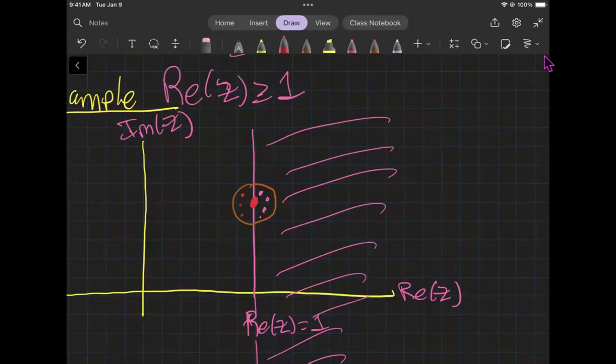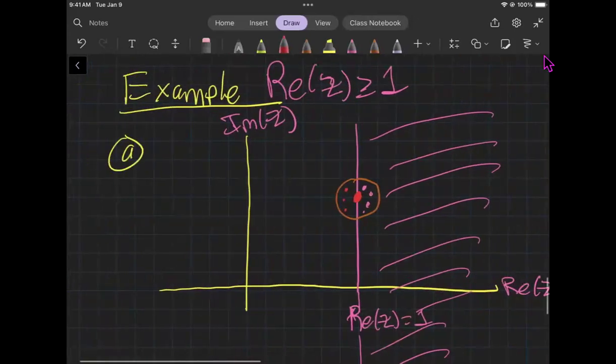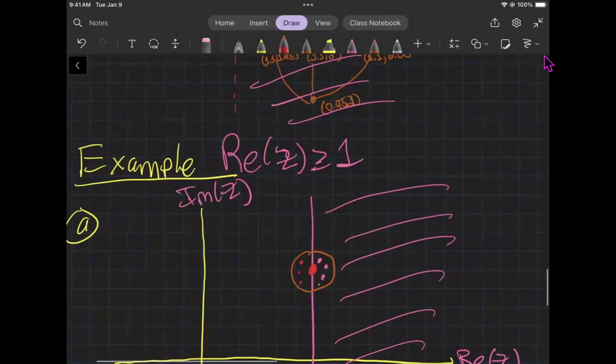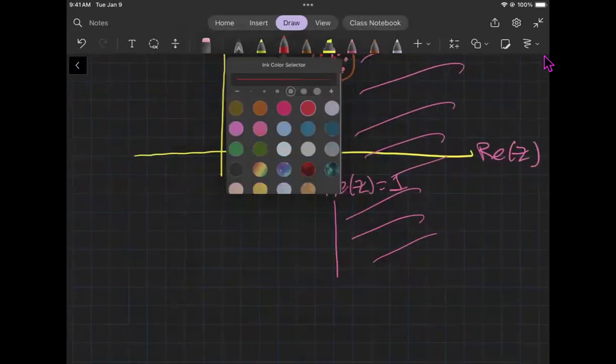Okay. This is not an open set because we have points that are in the set, but we also have points that are not in the set. So it's not an open set.